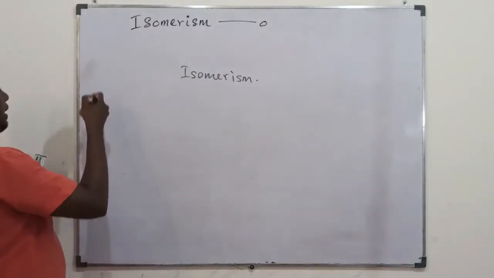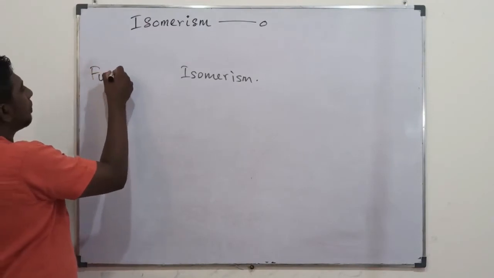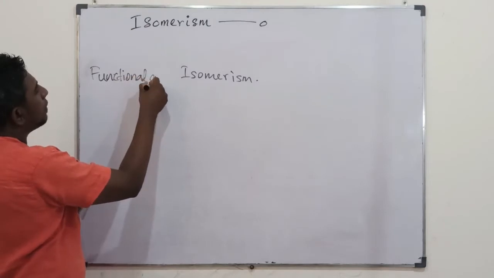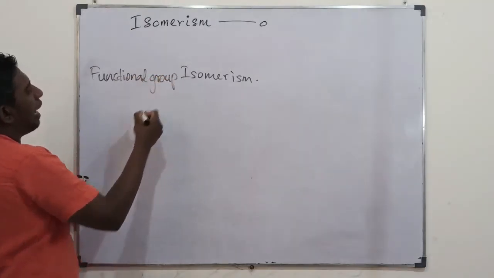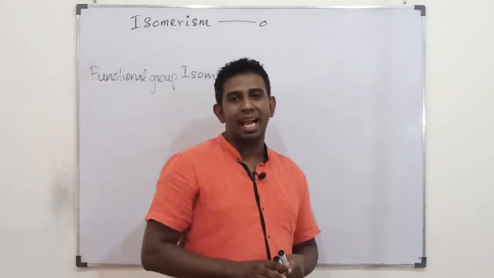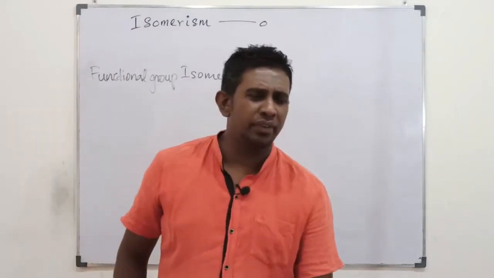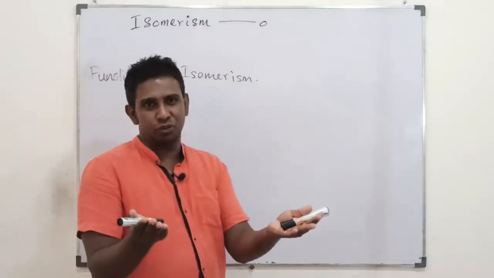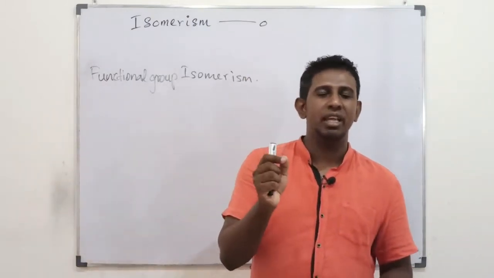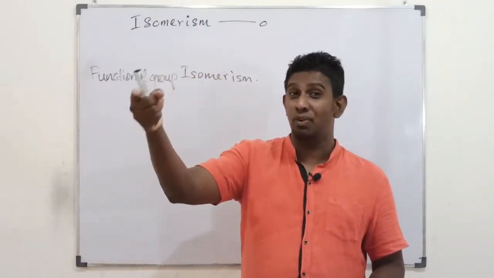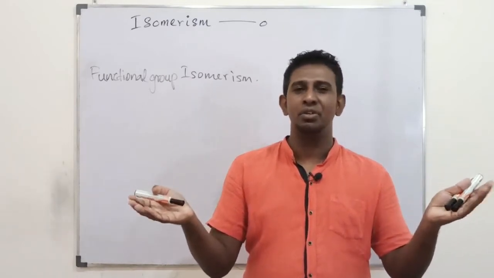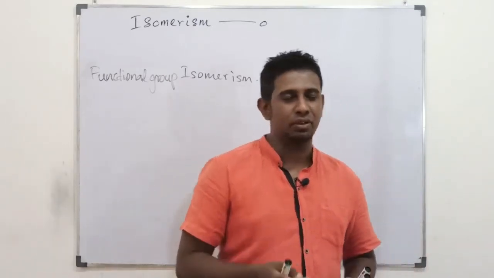So that's what we are having. So students, you would get the same molecular formula and you would get different structural formulae through having different functional groups. Let's find it out.